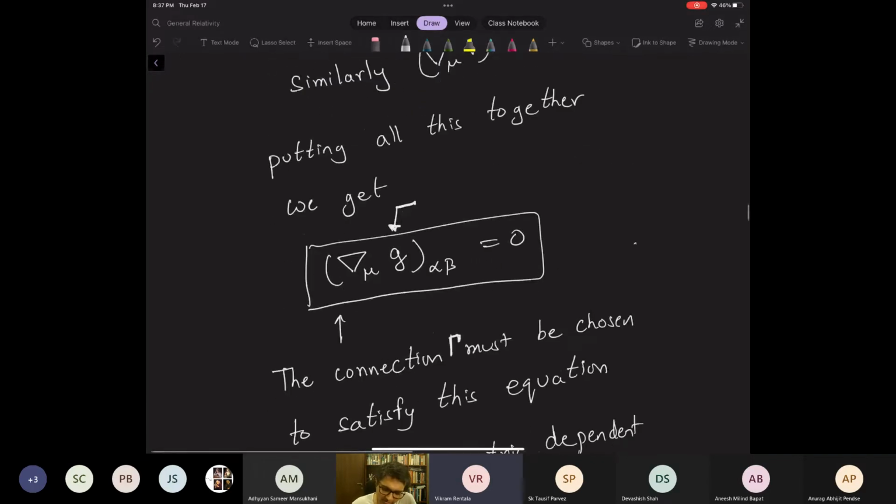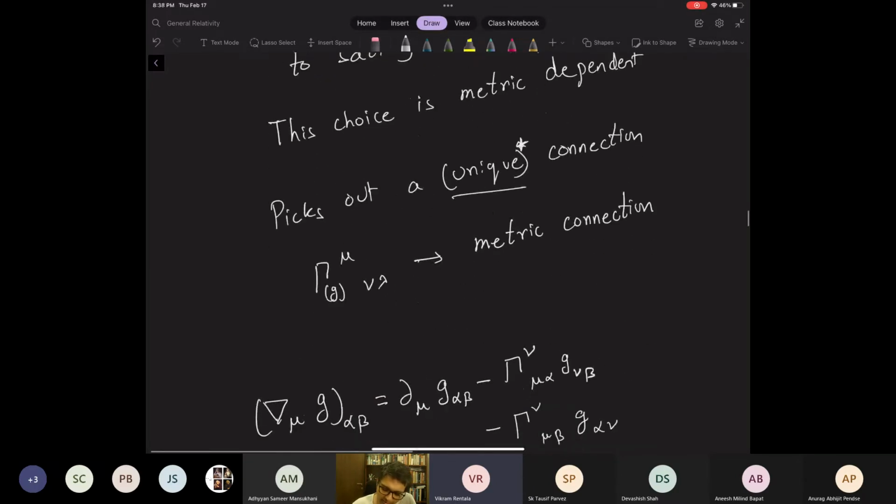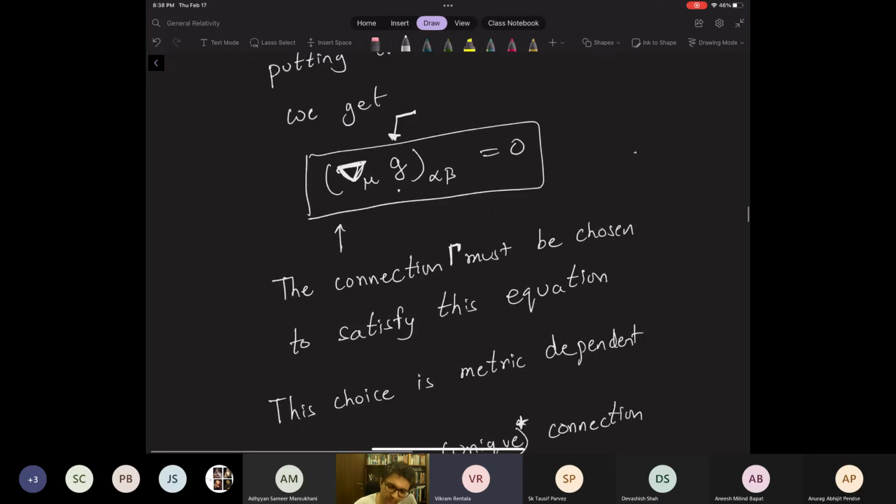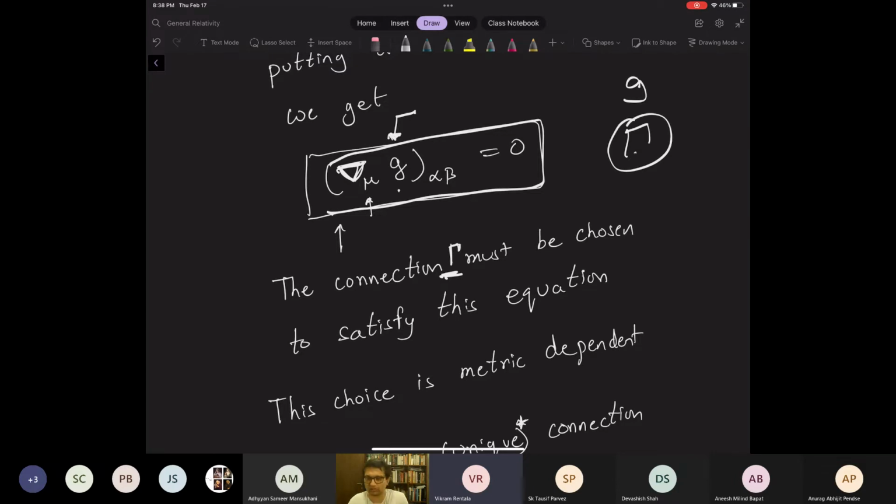So now you see that to define this derivative of g, we have to use a connection. We have to use a particular choice of connection. And so we choose that connection such that this equation is satisfied. So you give me a metric, I will choose a connection such that this equation is satisfied, so that inner products are preserved under parallel transport and under arbitrary curves.